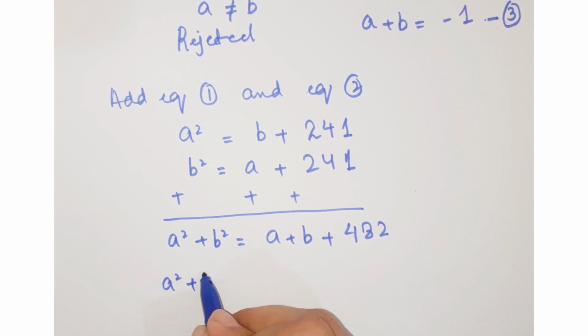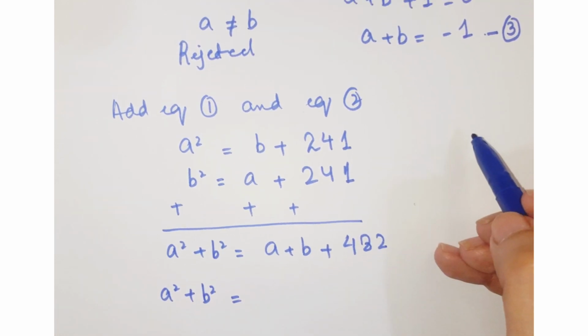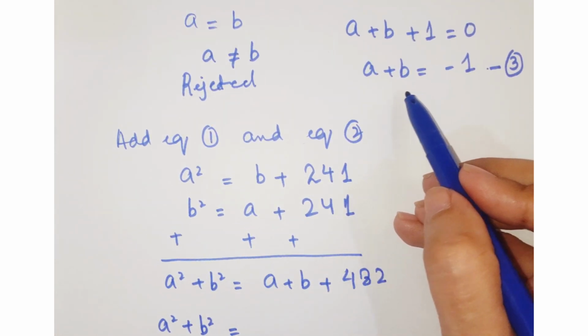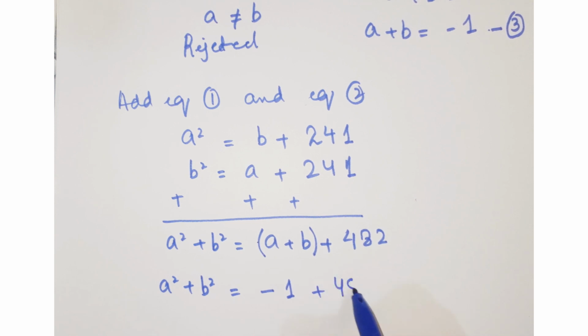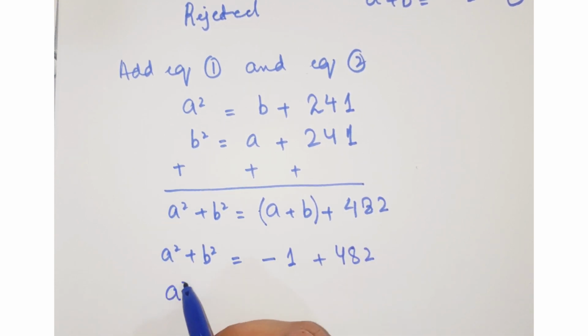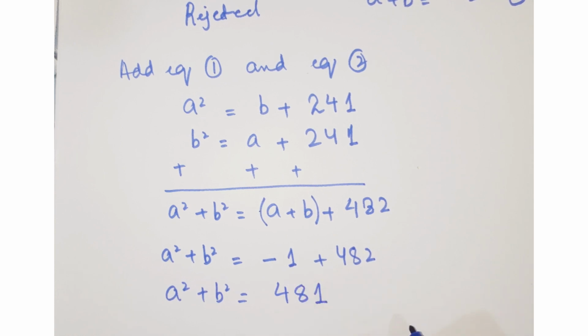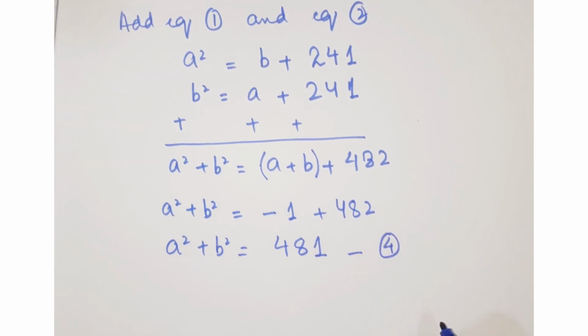Further, since you calculated in equation number 3 that a plus b is equal to minus 1, in place of this you can write minus 1 plus 482. Further you have a square plus b square is equal to 481. Now call this equation number 4.